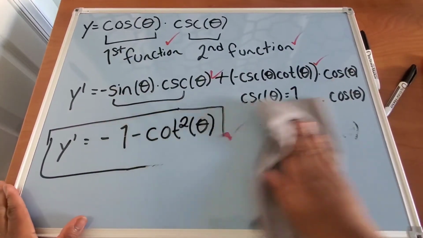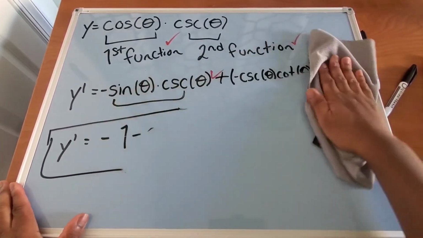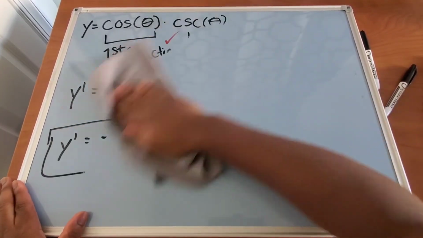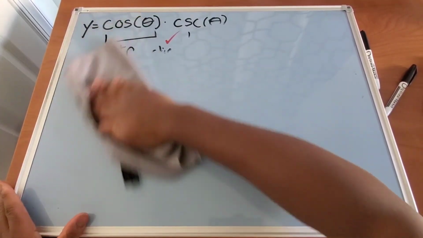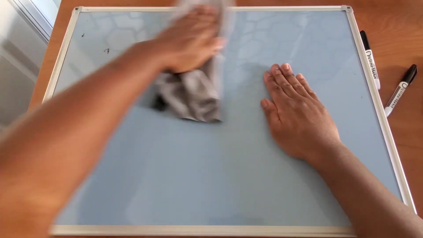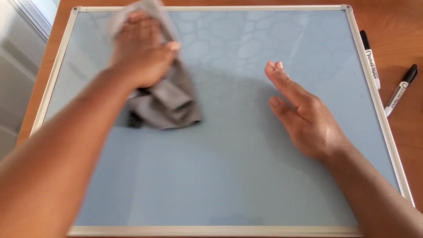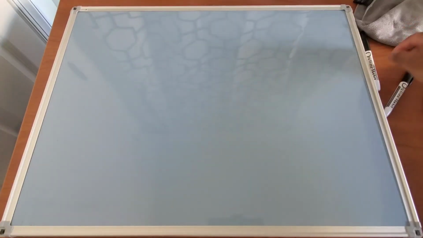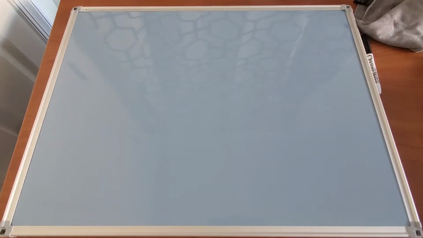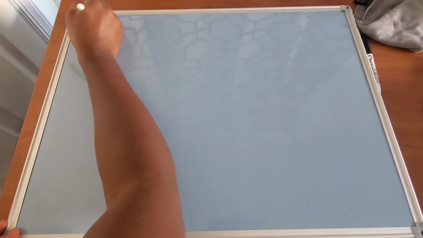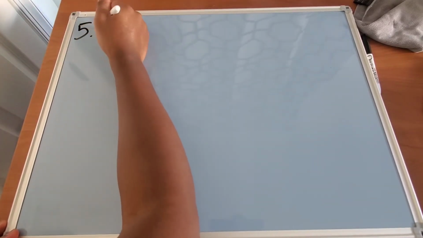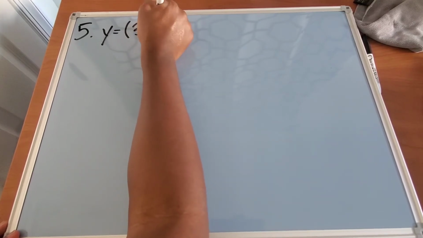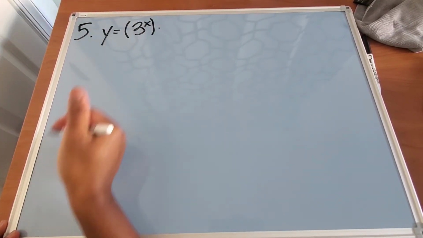So for question number 5, we have y is equal to 3 to the x times e to the x.